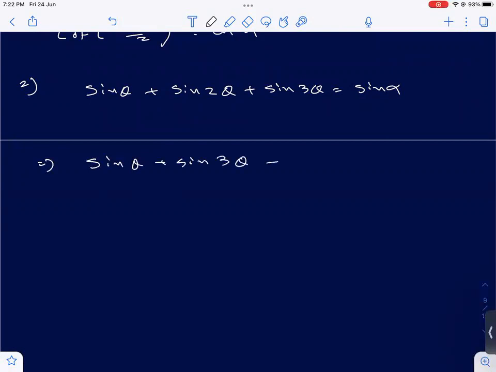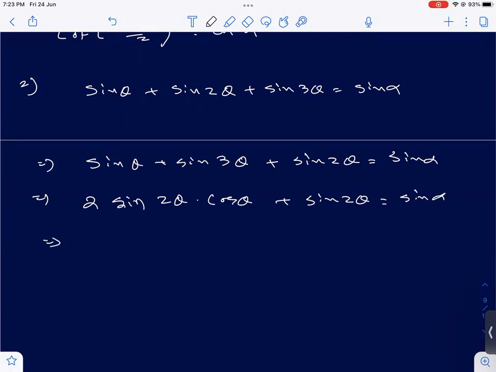Always bigger is C and smaller is D. If we apply this, it will be easier for us to solve the sum. So this is 2 sin (C plus D)/2, that is (3 theta plus theta)/2, into cos (C minus D)/2, that is (3 theta minus theta)/2, cos theta. And plus sin 2 theta equal to sin alpha.